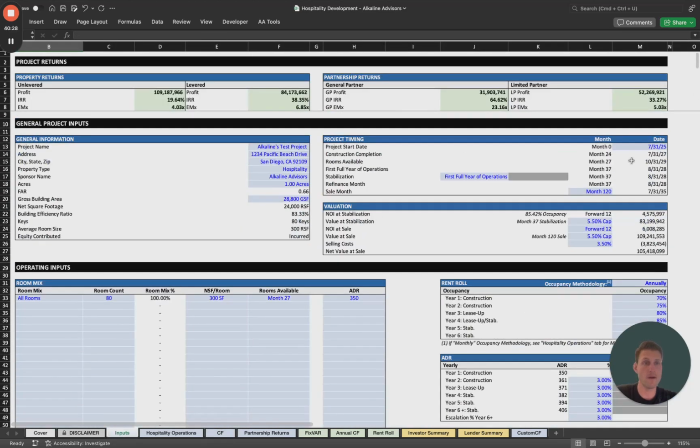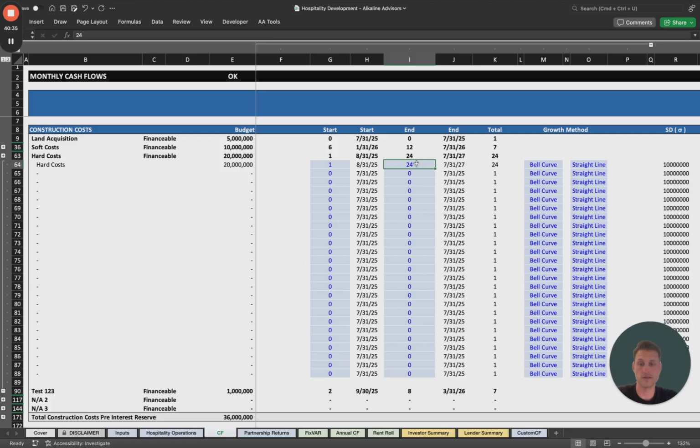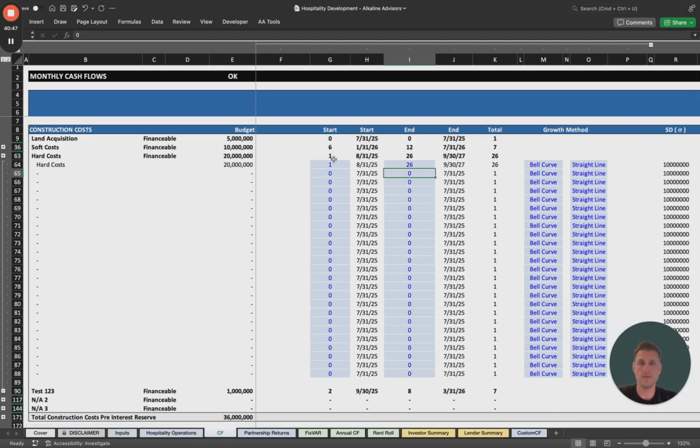And if we scroll all the way back up, you'll see that construction completion is month 24. If we say hard costs, for instance, end in month 26, and we go back to the inputs, you'll see now construction completion is in month 26. So that's why that's important. So if we go back to the cash flow tab, we can hide this.